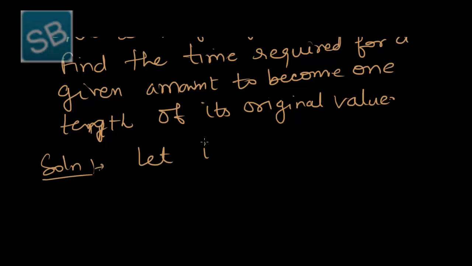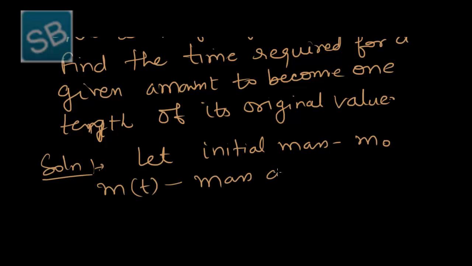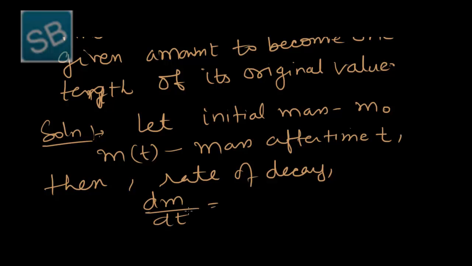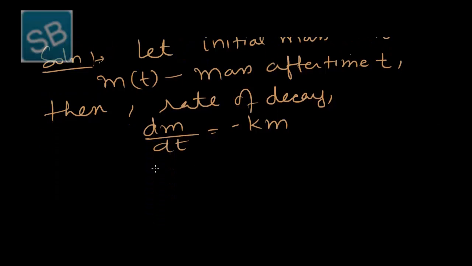Now the solution is, let the initial mass be m naught and m be the mass after time t. Then from the rate of decay we have dm over dt is equal to minus km, that is decrease in quantity.